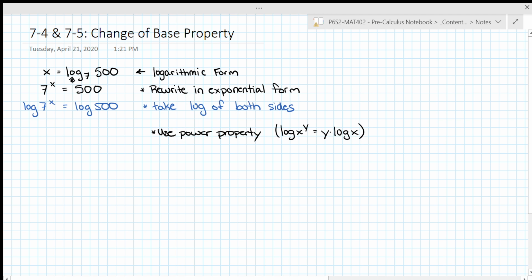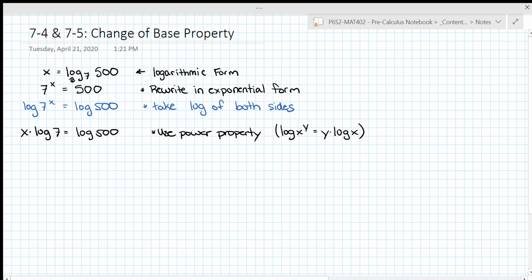In this case, my x and my y are kind of switched here, but I could take this exponent and put it out front. I could rewrite this as x times the log of 7 is equal to the log of 500.